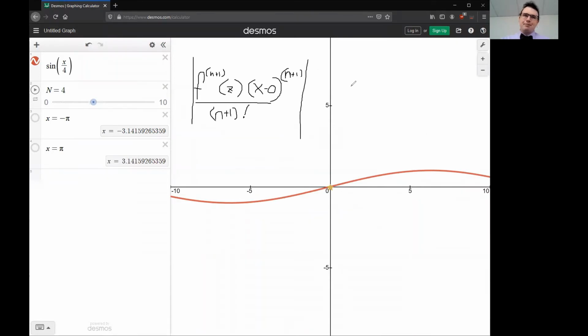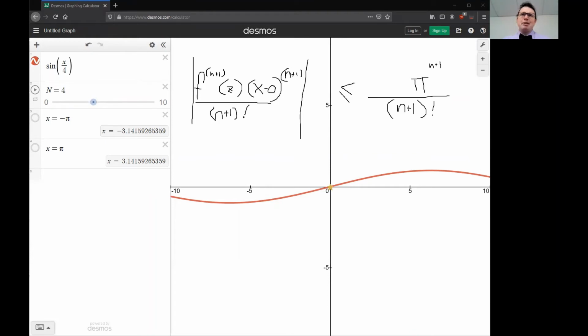For example, I know that I only care about values of x up to the number pi. So the very largest that this term in parentheses here can be is pi, which tells me that my fraction is always going to be less than this other fraction where I've replaced x to the power n plus 1 by pi to the power n plus 1 instead. I'm going to keep the factorial in the denominator. Factorial functions grow very quickly, and so that will help me keep the error term small.